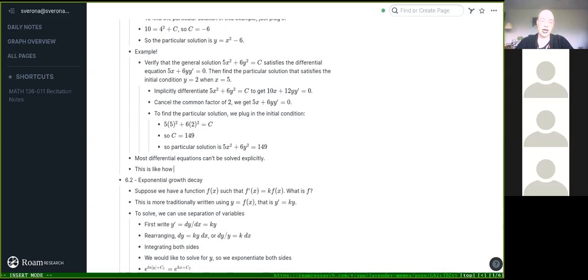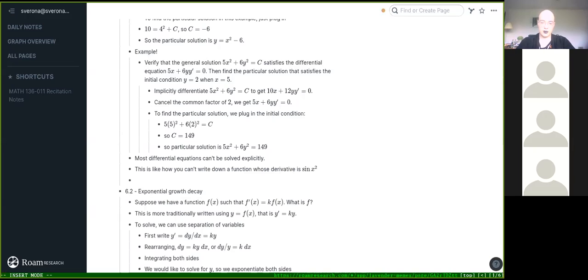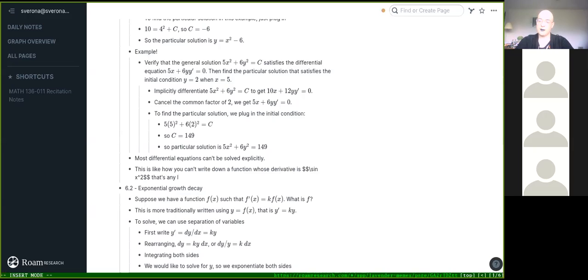This is like how you can't write down a function whose derivative is sine of x squared that's any better than, and when I say better, I mean fewer integral signs, than the integral of sine of x squared dx.